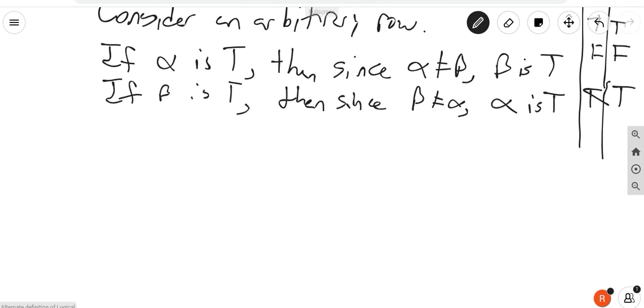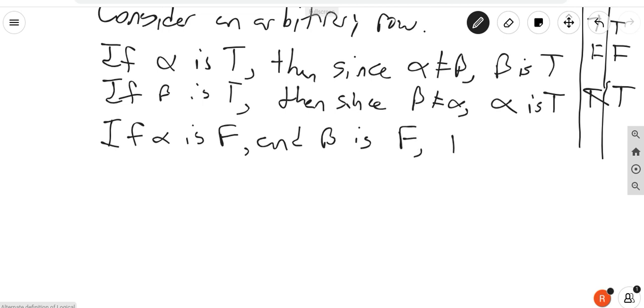If neither alpha is true, nor beta is true, then the only case left is if alpha is false and beta is false, then alpha and beta have the same truth value.